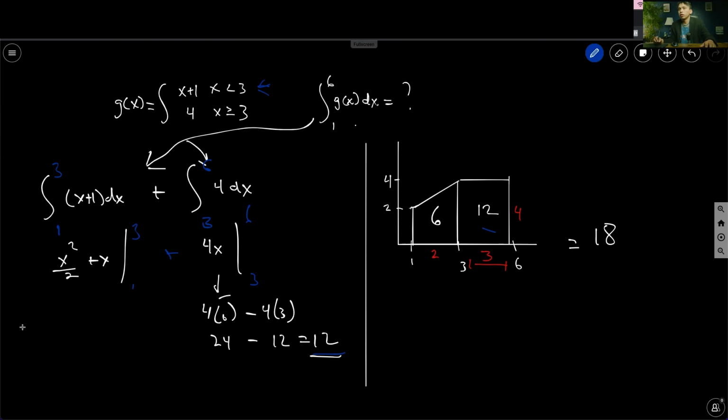So for this one, we're going to do traditional 3 squared divided by 2 plus 3, and then we subtract 1 squared over 2 plus 1.